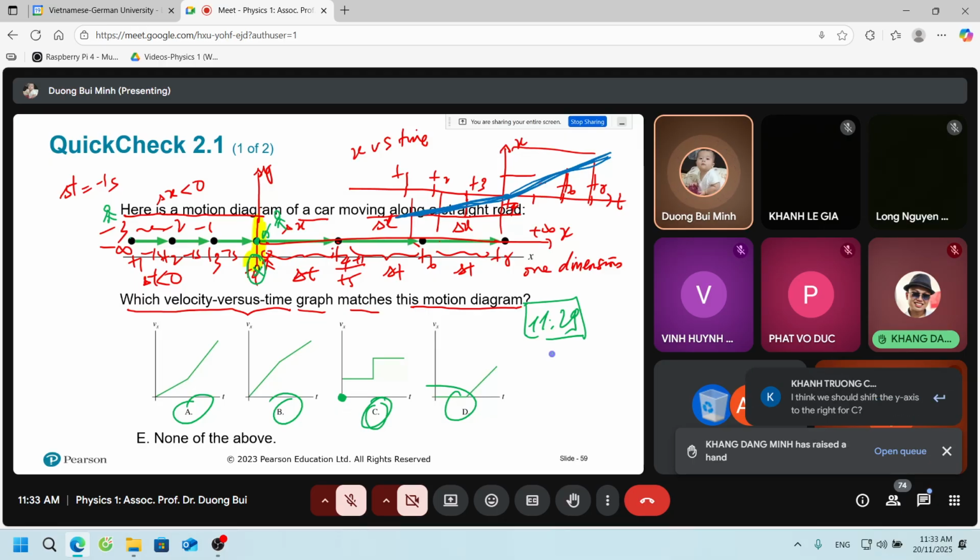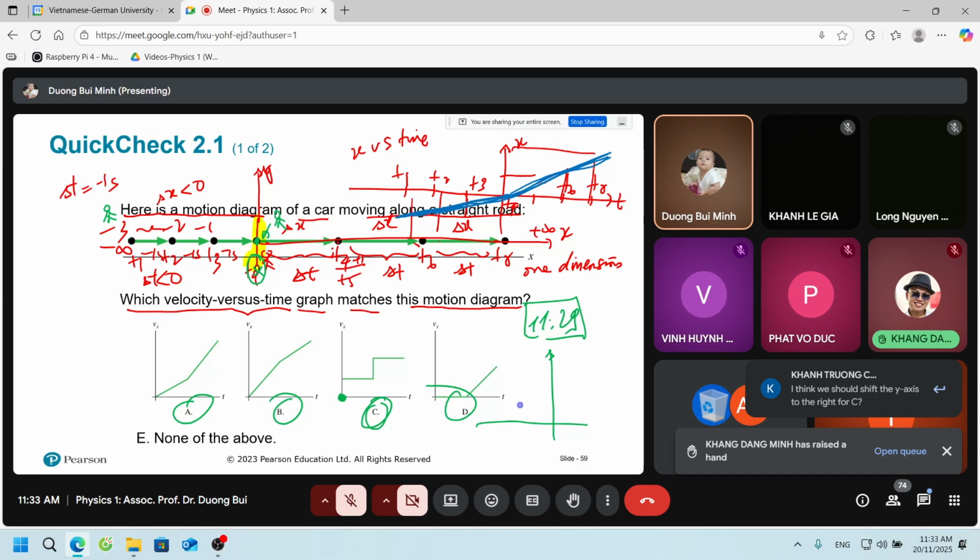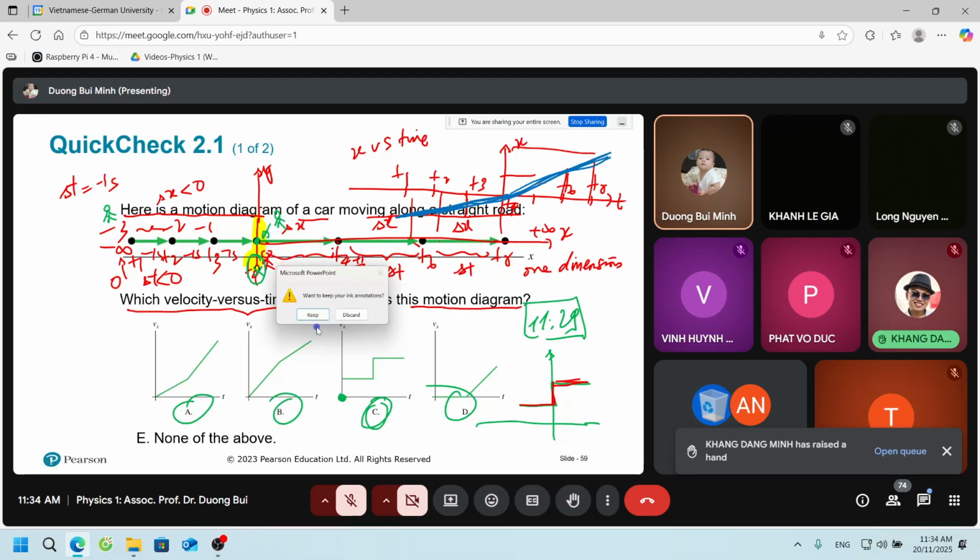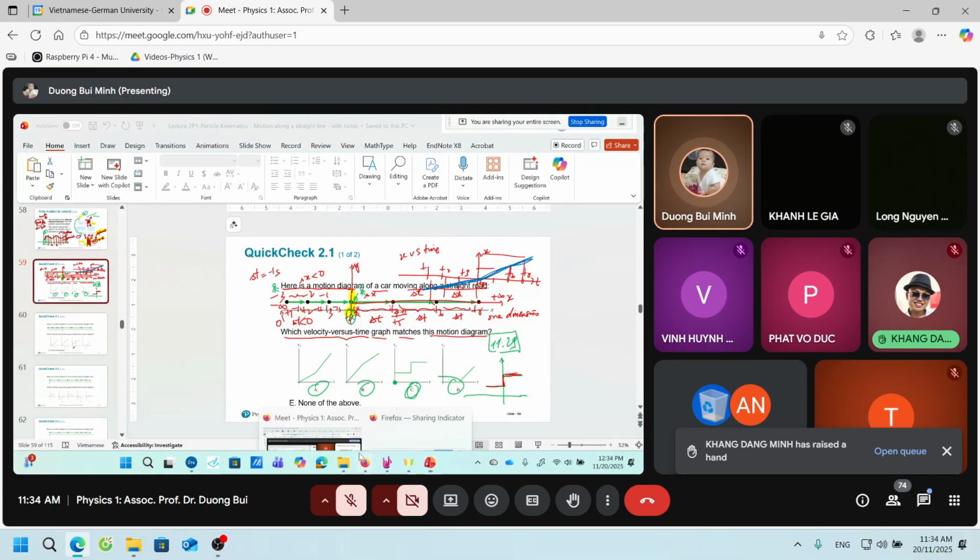But actually, if here is the origin, you need to get this one. So both of them are correct. Actually, if we follow the answer here, here must be 0. Okay, good. This is the first question.